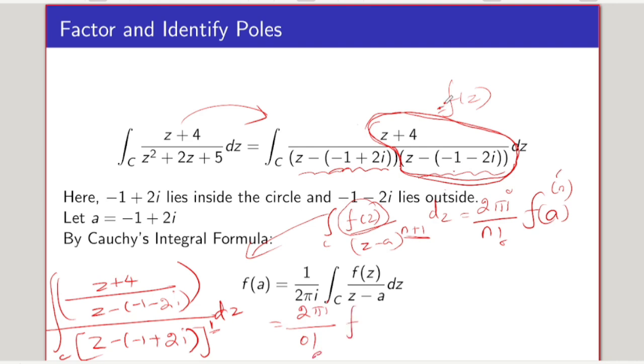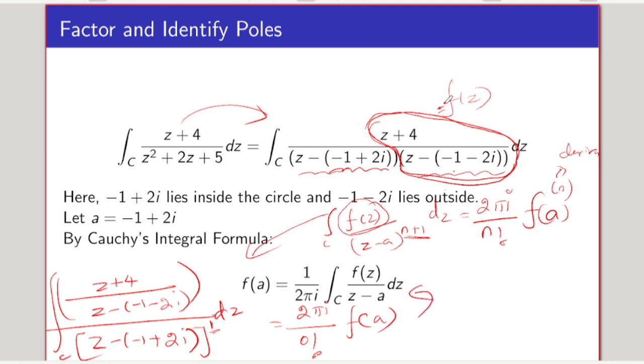N indicates the derivative. If n equals 1, we have to go for the first derivative. Here n equals 0, simply the given function f(a). If n equals 1, it will be the first derivative. n equals 0, there is no derivative, simply take the function f(z), substitute the value z equal to a. That's all.